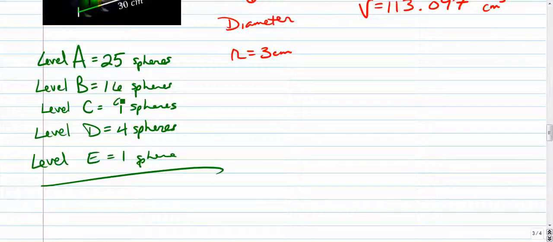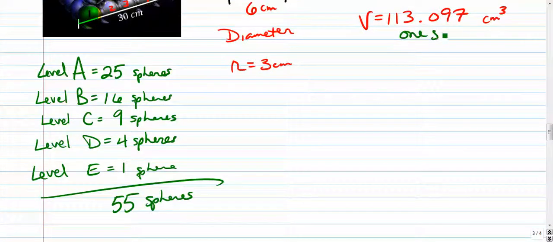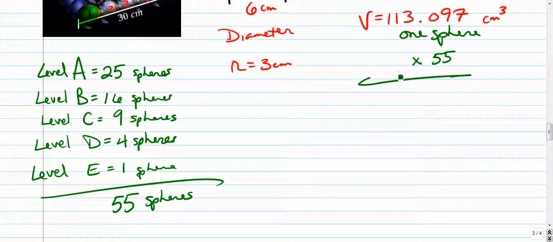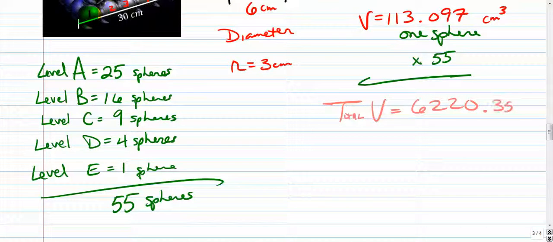Well, 16 and 9 is 25, so it's 55 spheres. So we want to take our volume of one sphere and multiply that by 55. That'll get you your final answer, which is total volume 6,220.353 cubic centimeters.